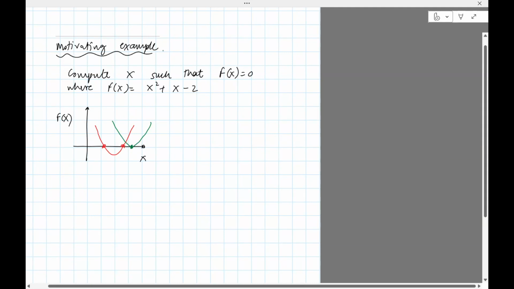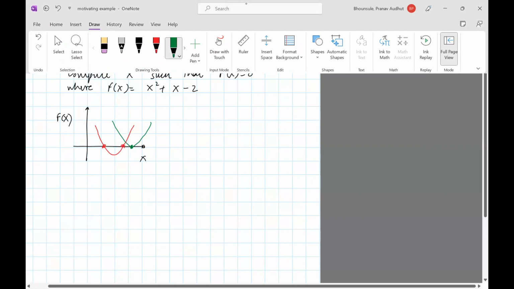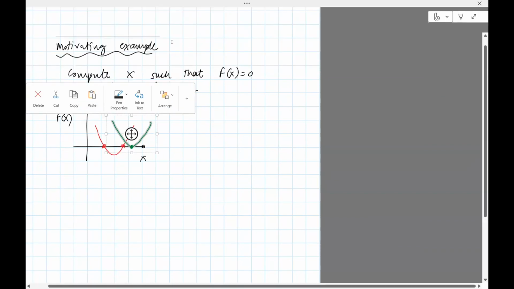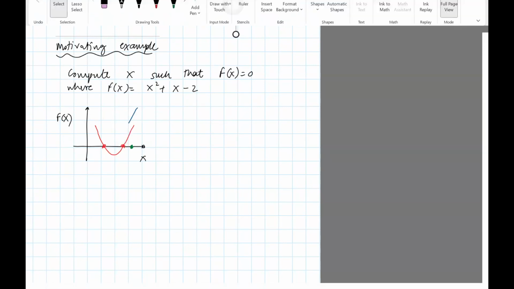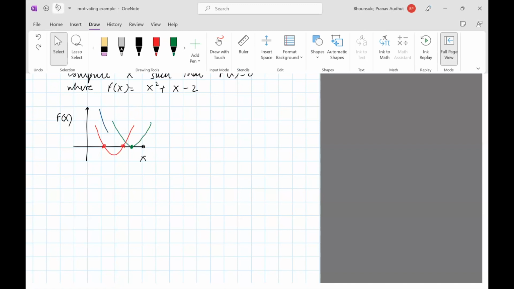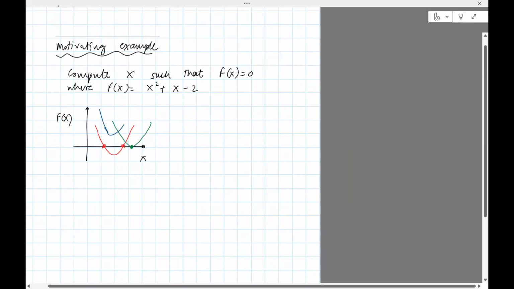There will be one root, actually two roots, but they are equal to each other. Or you could have no roots.